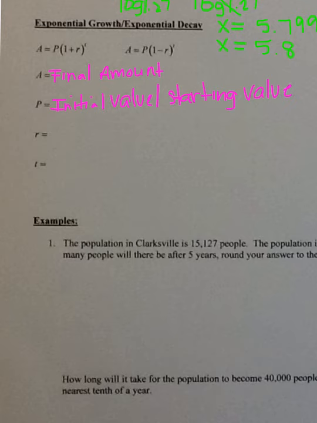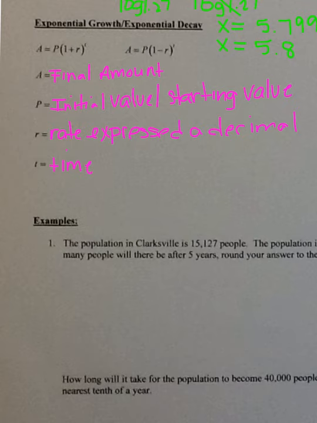R is your rate expressed as a decimal. So remember to change the percent to a decimal, move the decimal 2 places to the left, and T is your time.